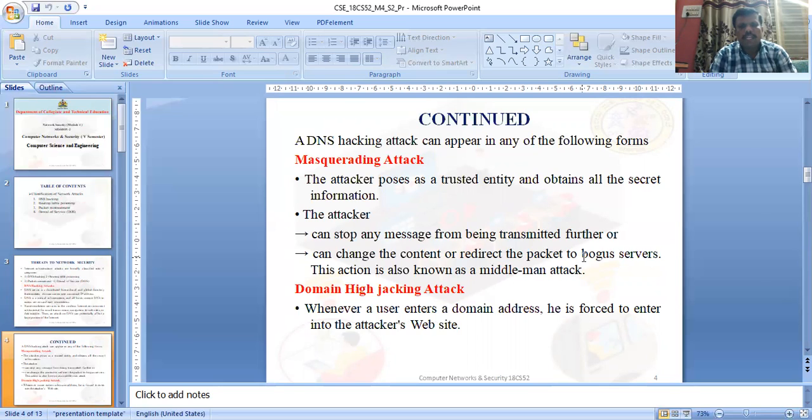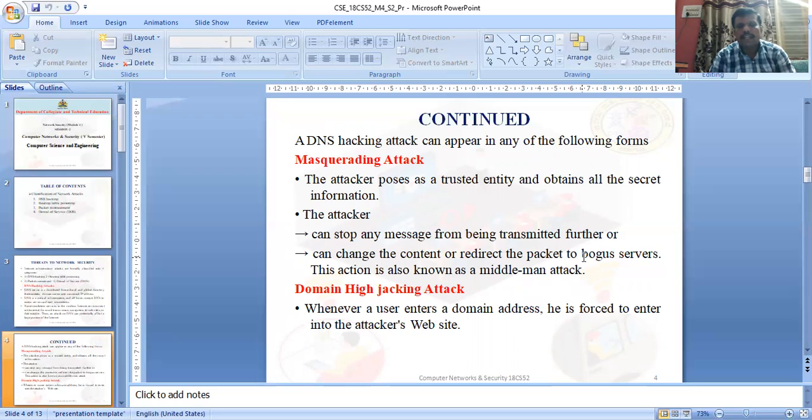Again, domain hijacking attack means whenever the user enters the domain address, like www.yahoo.com, he is made to enter the attacker's website. It automatically redirects to the bogus DNS server that the hacker is creating.